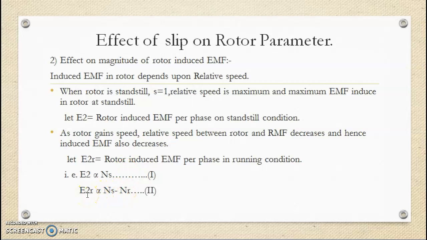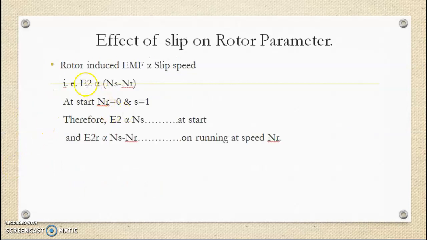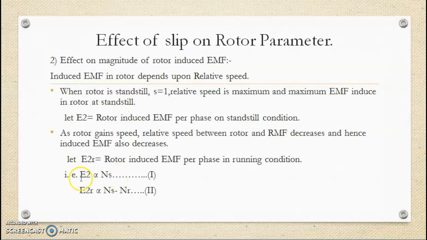So E2R is also decreasing. If we see here, induced EMF is directly proportional to slip speed. At start, nr is 0, so E2 is directly proportional to ns. Let us call this equation number 1.